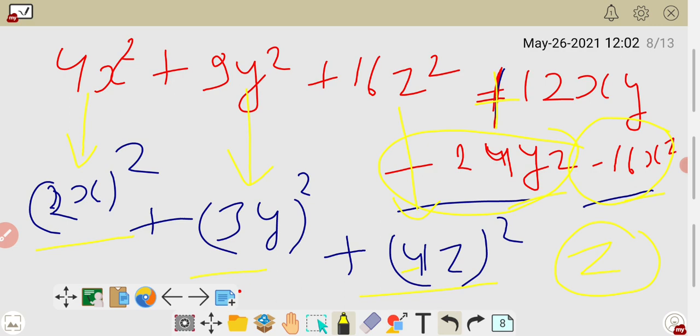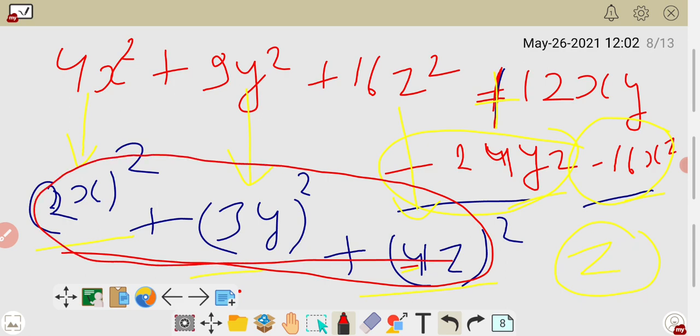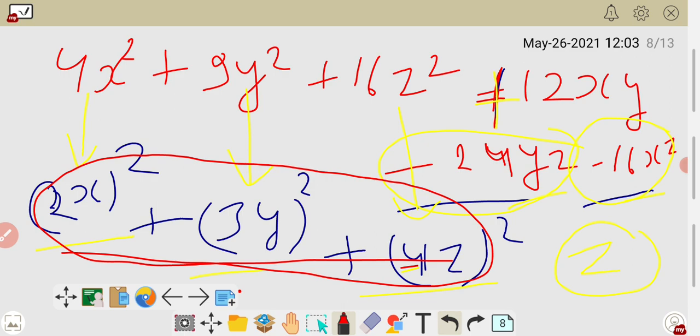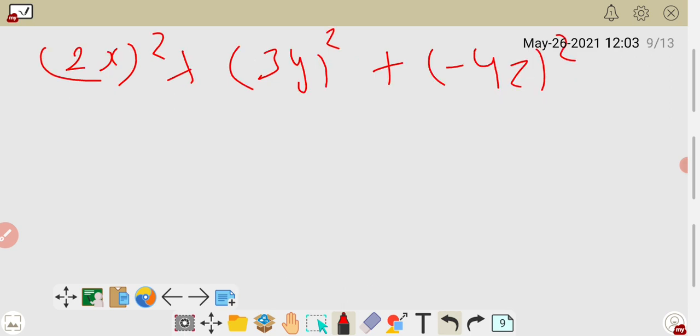Minus, where do you get the minus from? You get it from your question by deciding which variable is negative. Now these three parts you write from the question, and the remaining part you write from the formula. What is the formula? a square plus b square plus c square. Then plus 2ab, from the formula: 2 into a is 2x and b is 3y.